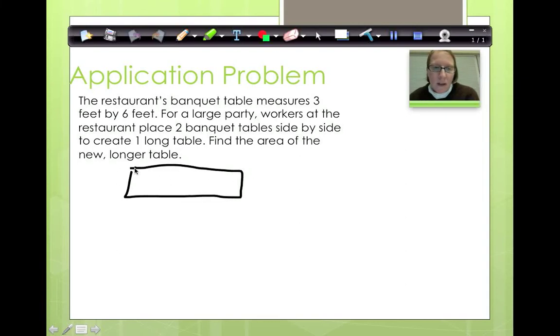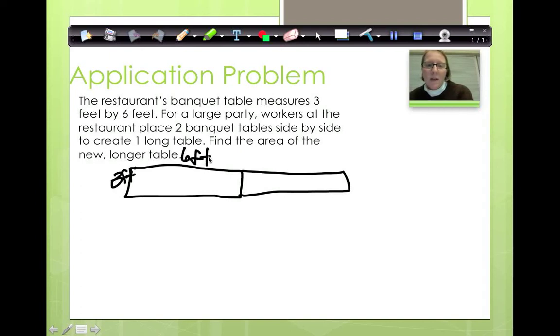I just don't want to forget this one way, because sometimes this one way is the easier way. And sometimes it might be your first way. Maybe that's how you see it first. You know that this side is 3 feet. You know that this side is 6 feet. So if I find the area of this rectangle and I add it to this area, I should be good, right?